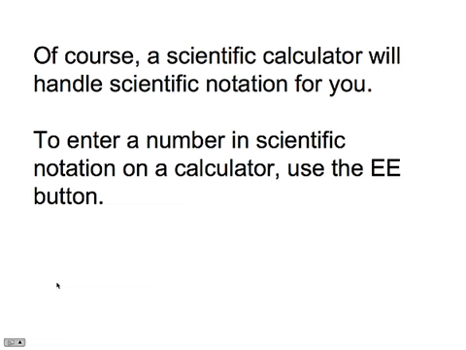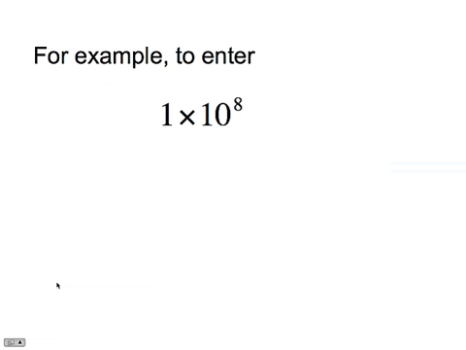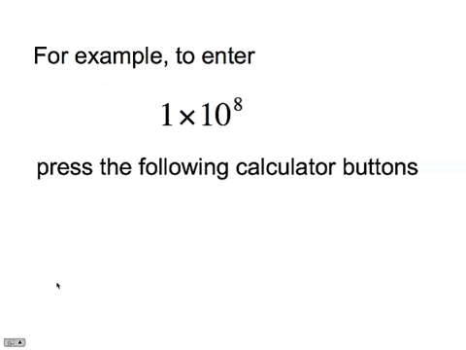To enter a number in scientific notation on a calculator, you use the capital E button. Some scientific calculators may only show a single capital E, but it will be a capital E. For example, to enter 1 times 10 to the 8 on a scientific calculator, you would press the following calculator buttons: 1, EE, 8.